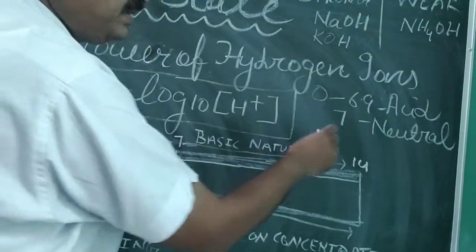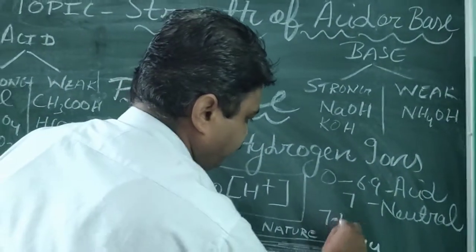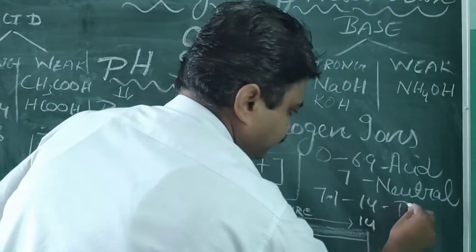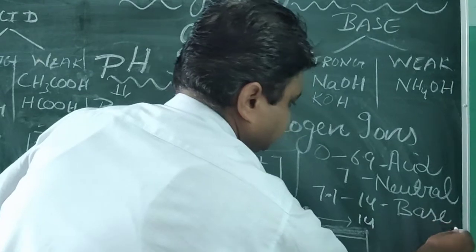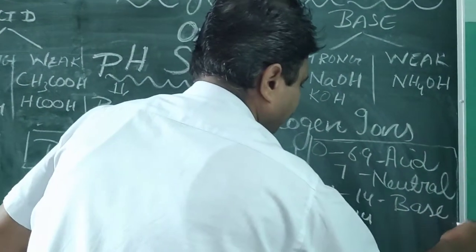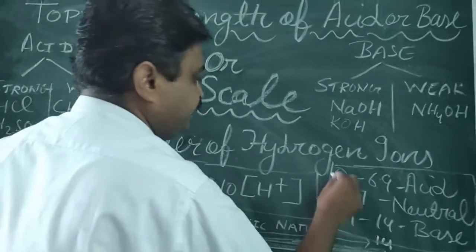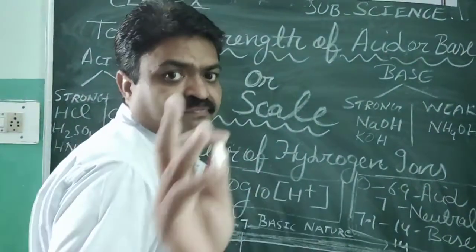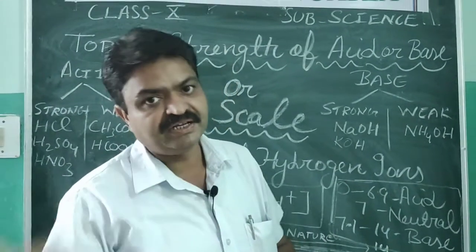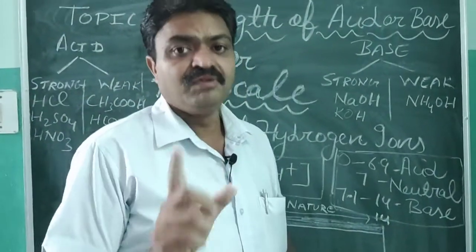If the pH is between 7.1 and 14, then we can say that the particular chemical substance is a base. So it is the magnitude of the pH from which we can know the chemical nature of the chemical substance, meaning it is acidic, basic or neutral.